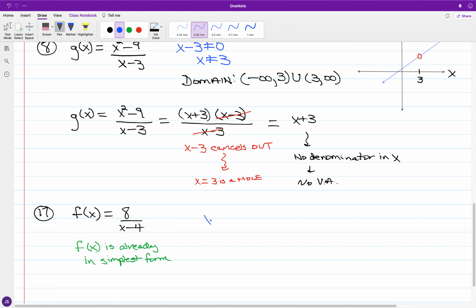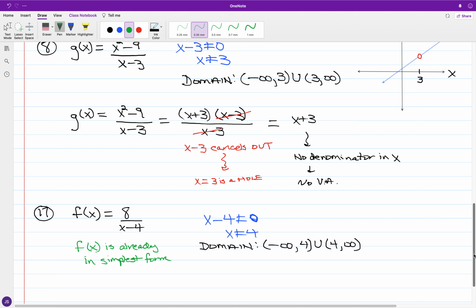With the denominator, looking for the domain, x minus 4 cannot be equal to 0. So to keep the ratio defined, x cannot be equal to 4. So the domain consists of those values of x less than 4, and also those values of x greater than 4.